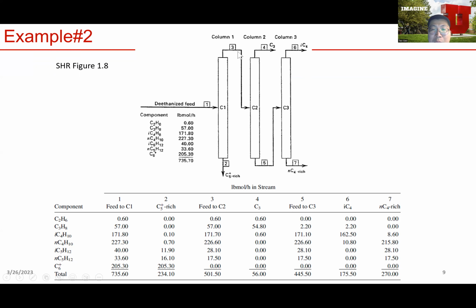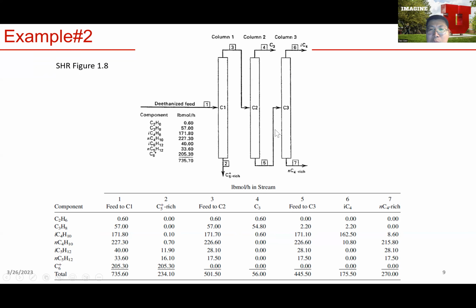Okay, so we feed stream 3 into column 2. Again, the more volatile component will leave the tower from the top. In this case, it's C3, right? So we have mostly C3 in stream 4. The less volatile component goes to the bottom in stream 5, and it's made of a mixture of mostly butane.